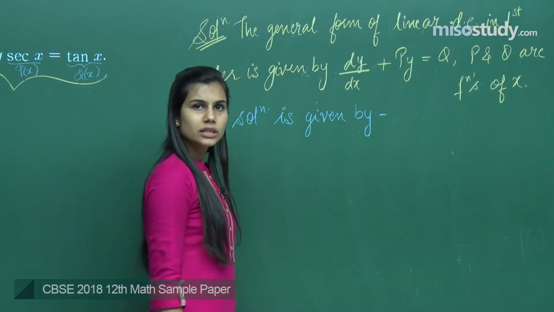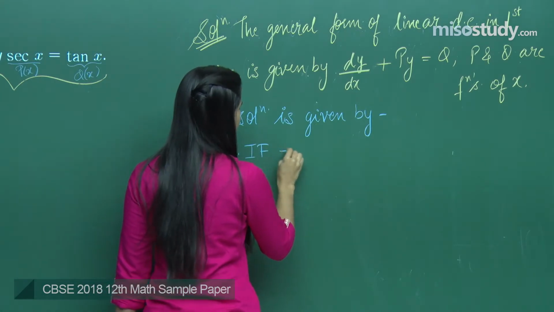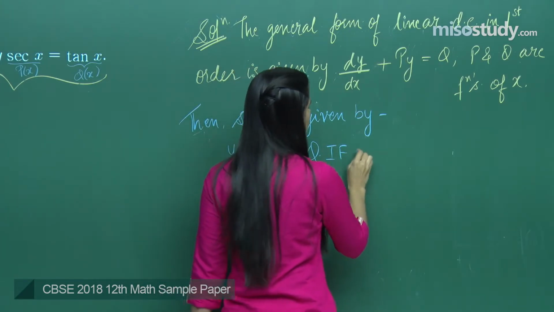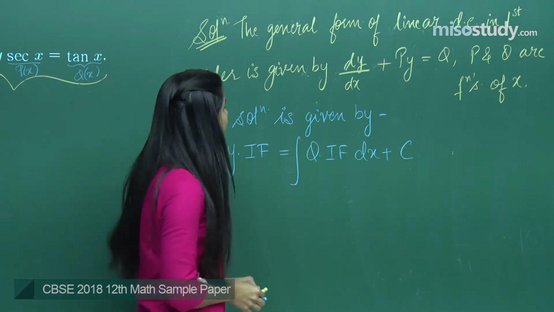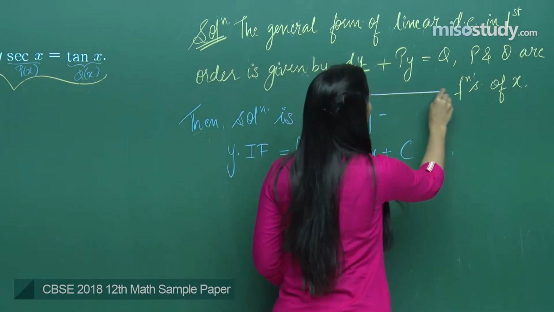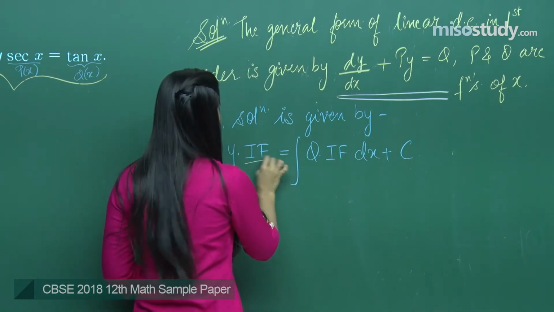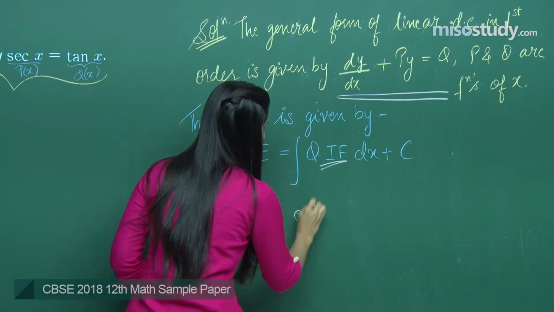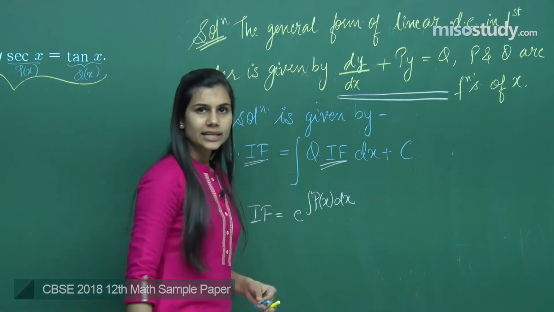What is the solution? y into integrating factor is equal to integration of q into integrating factor into dx plus c, where the integrating factor is e to the power integration of p dx.